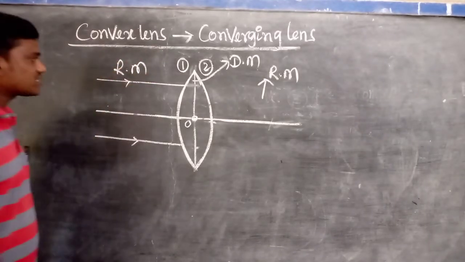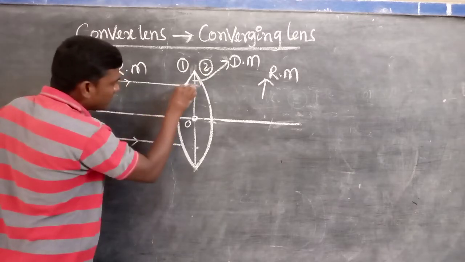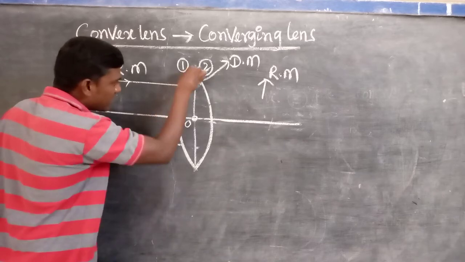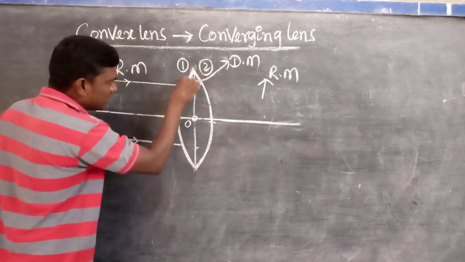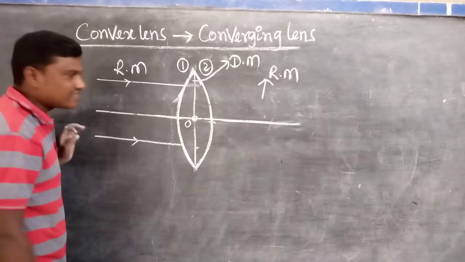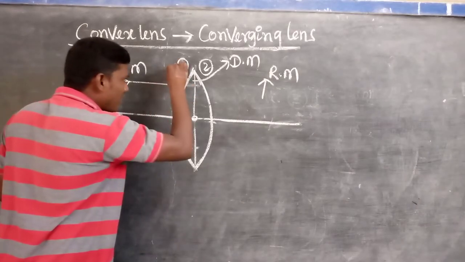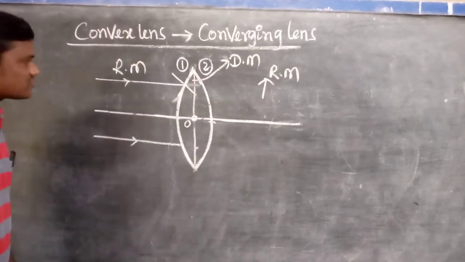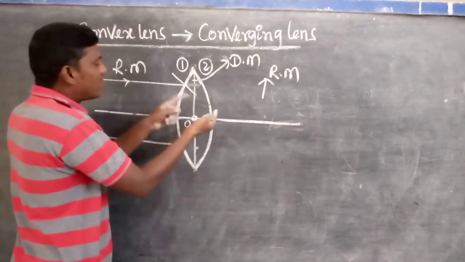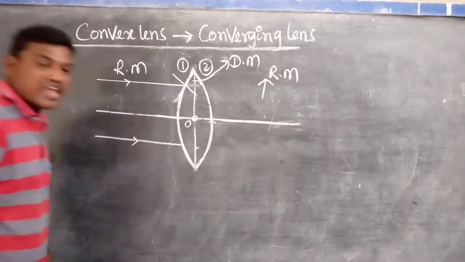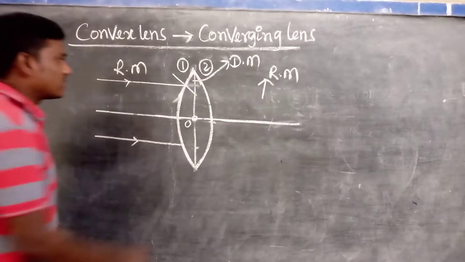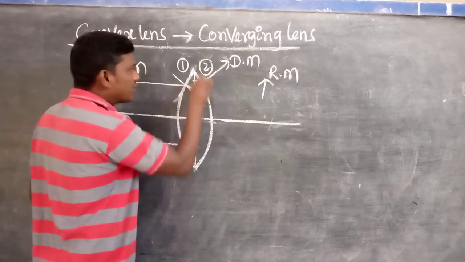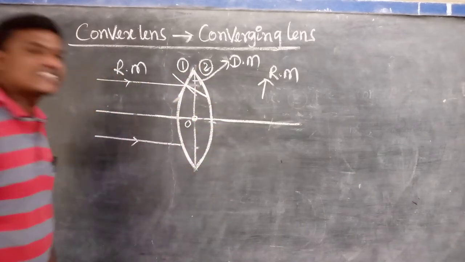Here is the refracted ray, and for it we draw a normal. We know that when light travels from rarer medium to denser medium, it bends towards the normal. So it bends slightly, travels, and falls onto the second refracting surface.